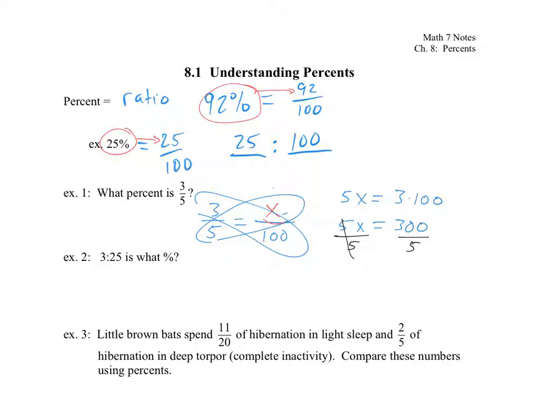That gives us X equals 60. So when we get this question that says what percent is 3/5, we know the answer is 60%, because just like before, the percent is always the number that's over 100. Make sense? Yep. So it's really just a new application of what we've been doing.